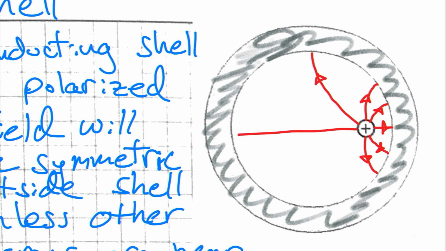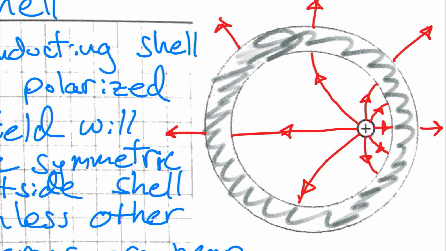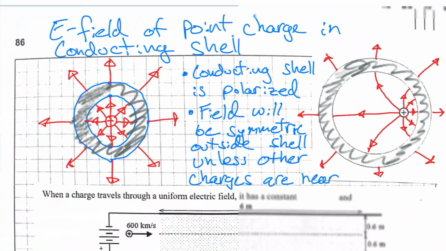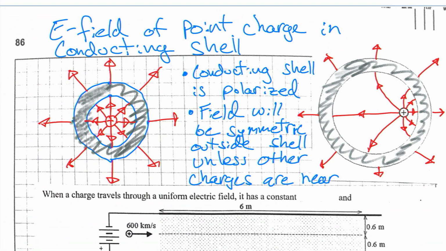This one will just come straight across. And then on the outside, the field is going to be symmetric. Right? So it's not going to match inside to outside. So the outsides of these two should look the same. Out here should be the same as out here, but inside is not going to be the same.